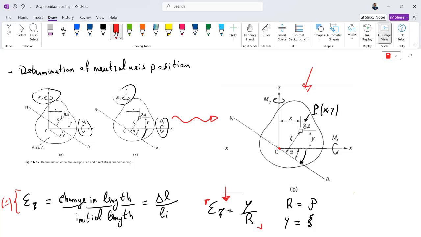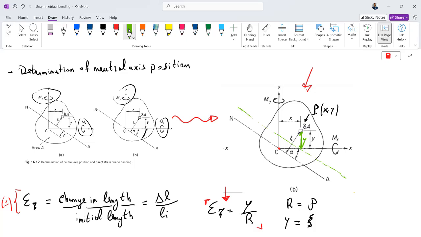So how can we derive this relation? If I take the neutral axis, and take another axis that is parallel to the neutral axis, this axis here made with the green pen, this quantity here is also y.